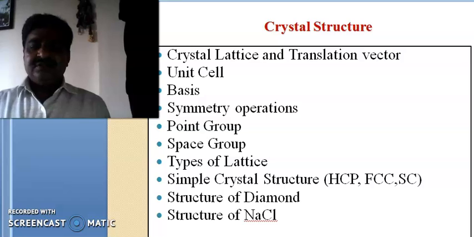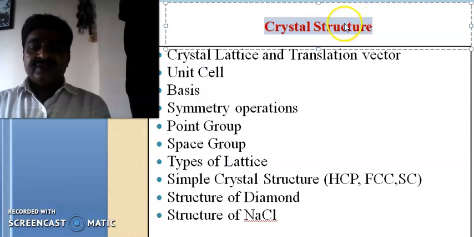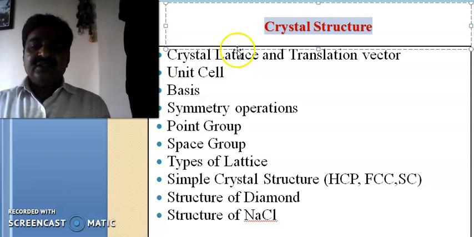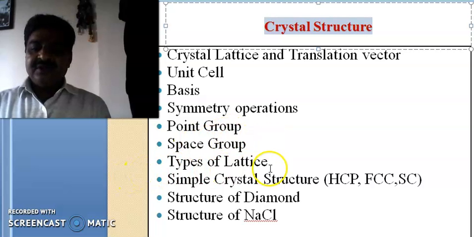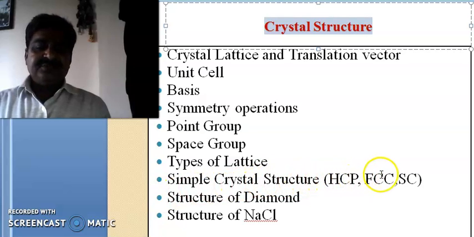In this first unit, crystal structure, the various concepts included in our syllabus, which we are going to discuss, are: crystal lattice, translational vector, unit cell, basis, symmetry operations, point group, space group, types of lattice, simple crystal structures, that is HCP, FCC.